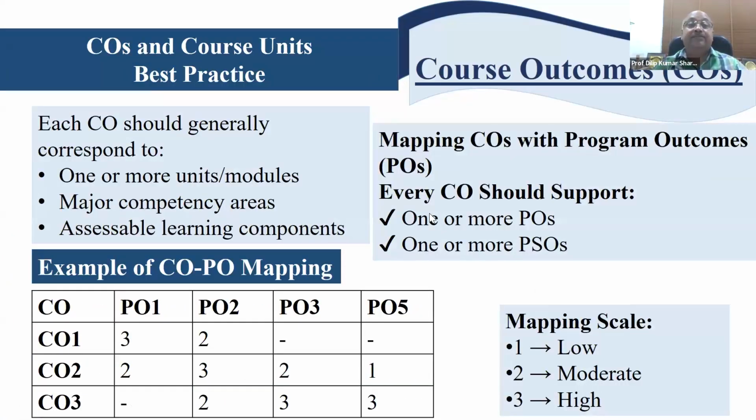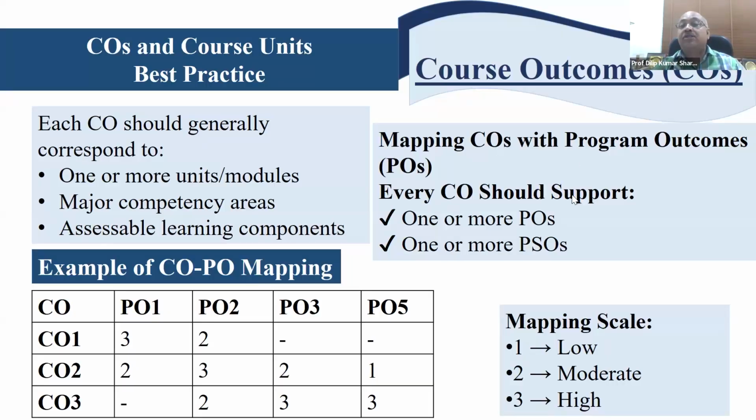Now you see COs and course units, best practices for your course outcome. Each course outcome should generally correspond to one or more units and modules. You are already aware: major competency area covered, assessable learning component, and mapping of CO with program outcome. All your 4 to 6 or 3 to 5 COs, whether theory, lab or project, you have to map with the POs.